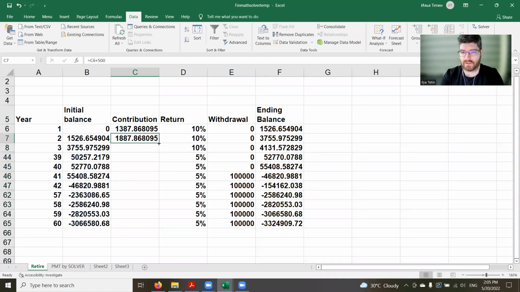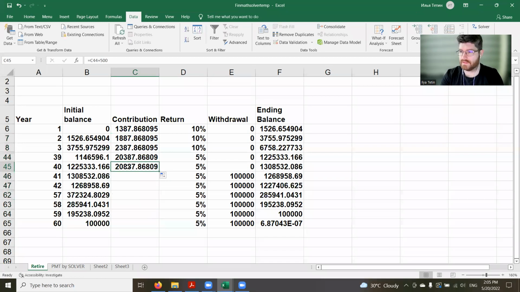For until year 40, we just contribute each year plus $500 more, and this is the amount of money we are contributing. So starting contribution is 138786, and then for the first 40 years we add up. Next.